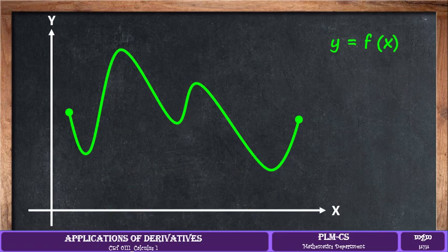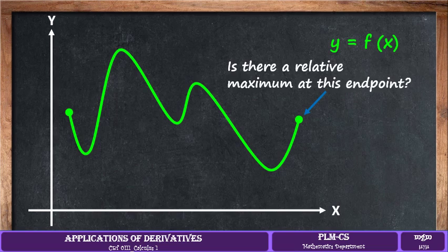Now, what about the endpoint? Does it count as a relative maximum? Or shall we ask, is there a relative maximum at this endpoint? To answer this question, let us go back to our definition and see what our definition says about it.